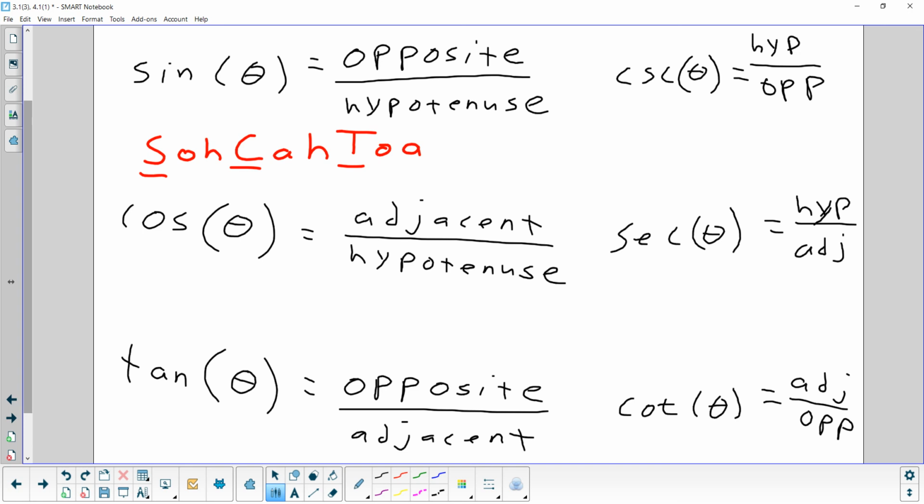SOH CAH TOA? Yeah. One year I asked how can we remember the different trig functions, and somebody said Sacagawea. Well, maybe she could help. I don't think so, but SOH CAH TOA, that'll help. Sine is opposite over hypotenuse. Cosine is adjacent over hypotenuse. Tangent is opposite over adjacent. And if you remember those 3, the other 3 are just flips.